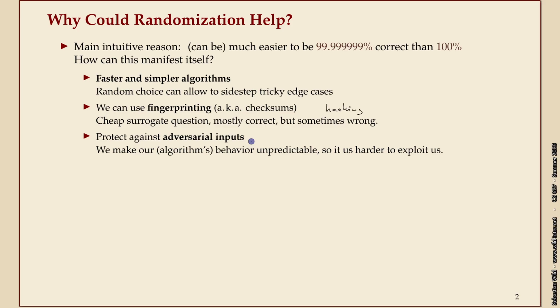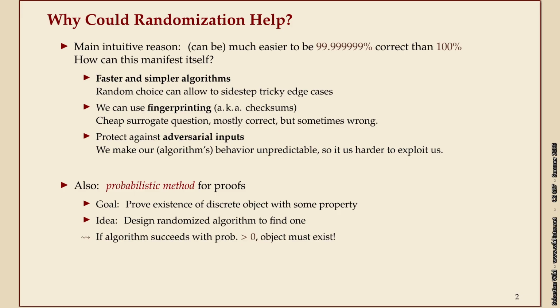And by throwing in randomness in the algorithm, you make the algorithm itself less predictable. And so the adversary has less power. And that could mean that you can actually get stronger results. Typically, you can find faster algorithms or less costly algorithms using randomization. And you can prove any deterministic algorithm has to pay strictly more.